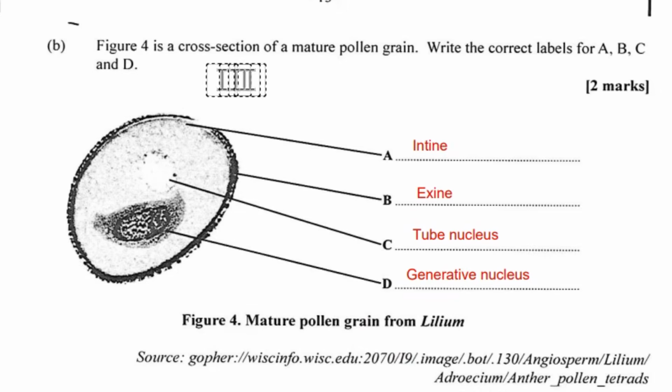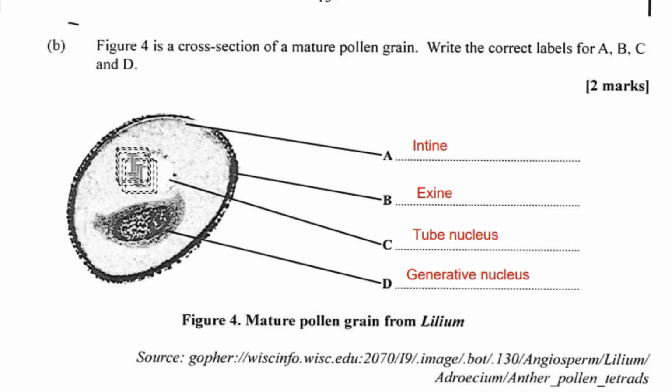B. Figure 4 is a cross-section of a mature pollen grain. Write the correct labels for A, B, C, and D. Well, A is called the intine, and that would be the inner layer of the grain itself. B is going to be the exine, and that is the waterproof outer layer. C is going to be the tube nucleus, and you'll differentiate that from the generative nucleus, which is more elongated.